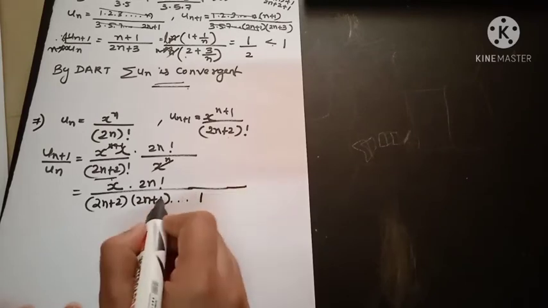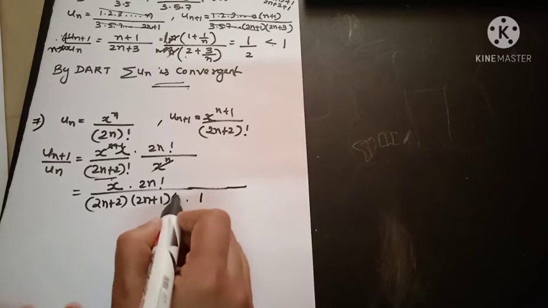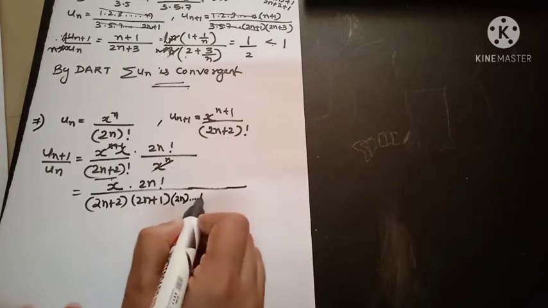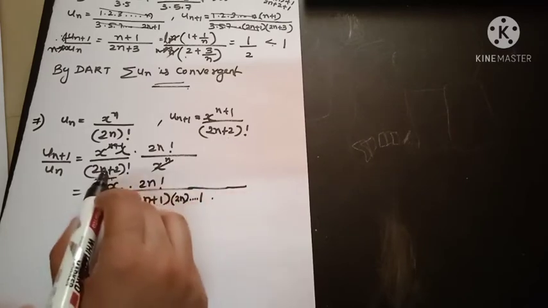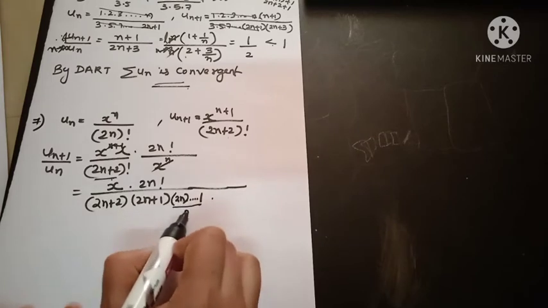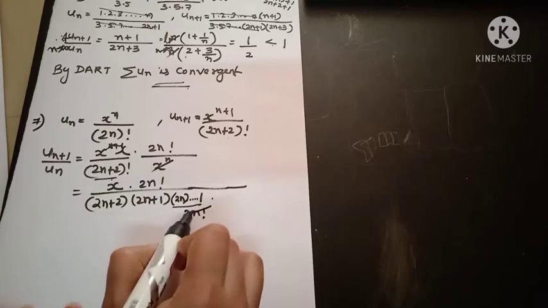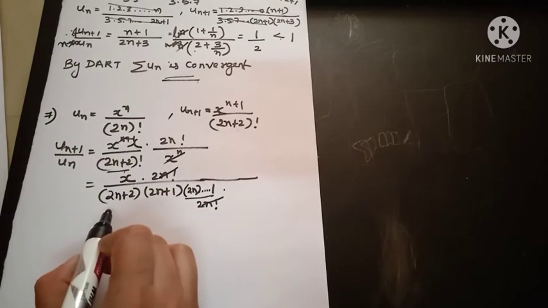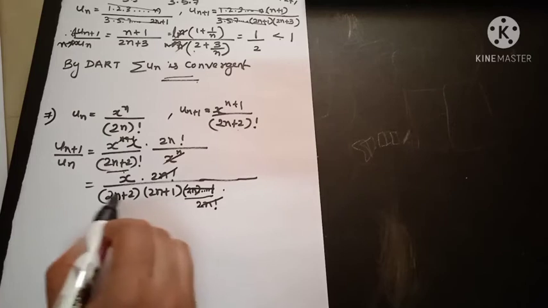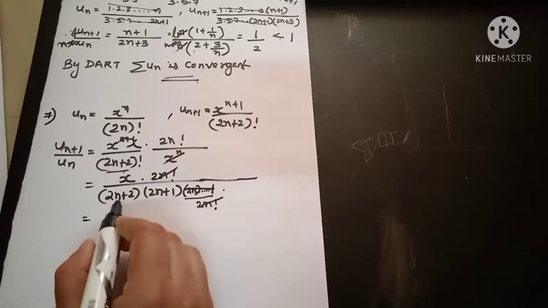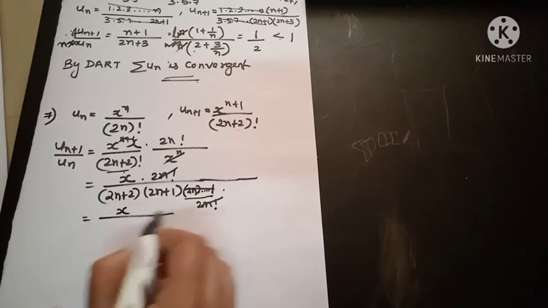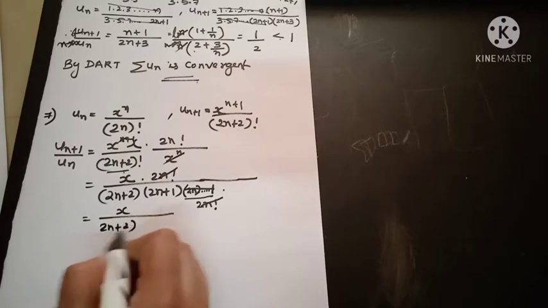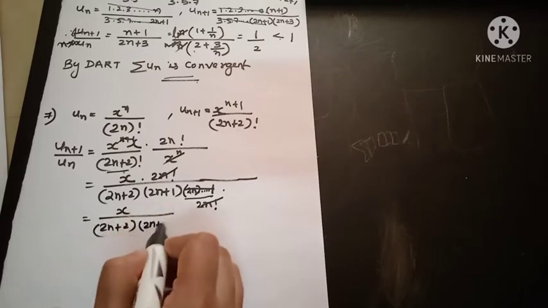So this is nothing but 2n factorial, which cancels with the numerator 2n factorial. So the whole thing gets cancelled. The ratio is x by (2n plus 2) into (2n plus 1).